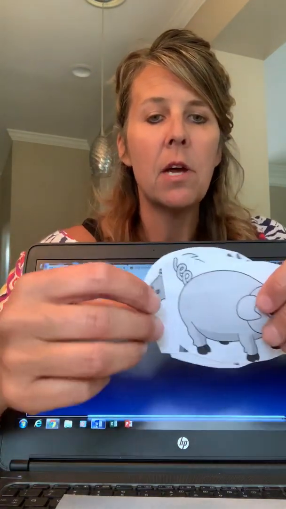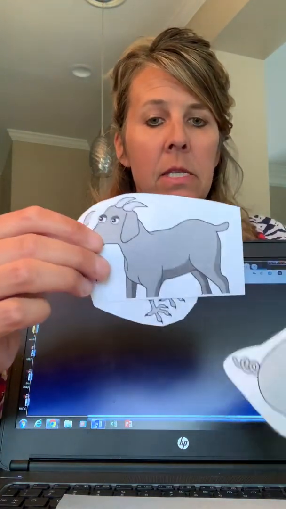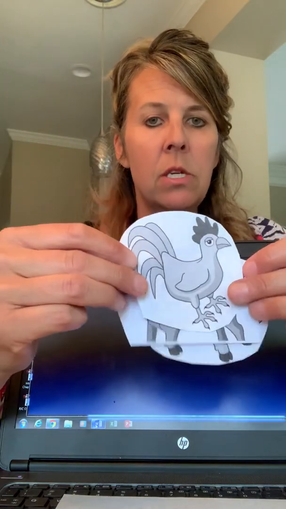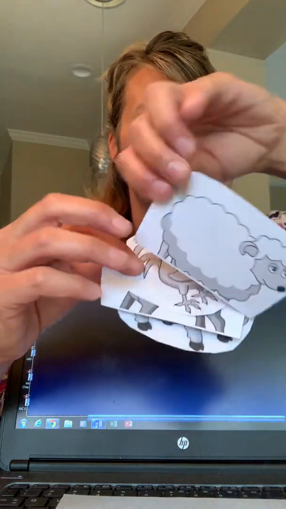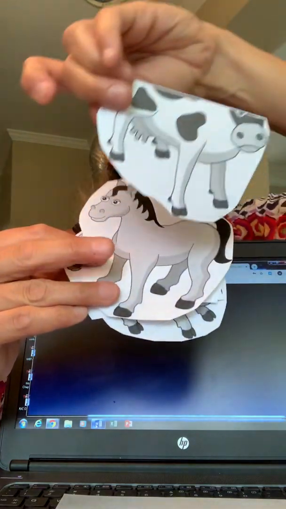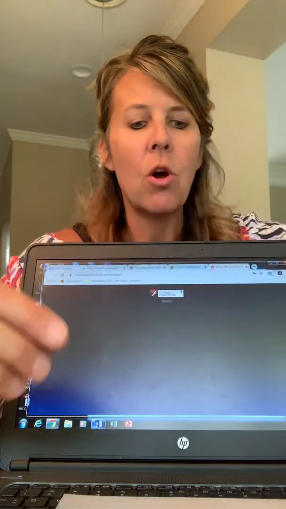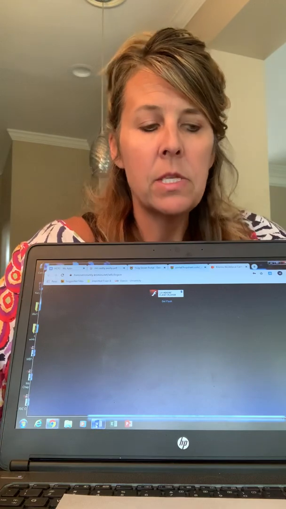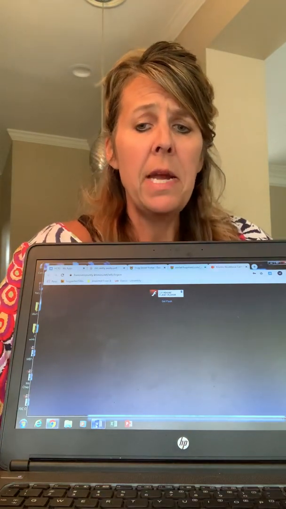And his livestock could be his pigs, or his goats, or his roosters, or a sheep, or his horse. And don't forget the cow. So these are all his livestock animals, and he is raising some livestock. What do you think about that? So if you were a farmer, you would be producing some crops and growing some livestock.